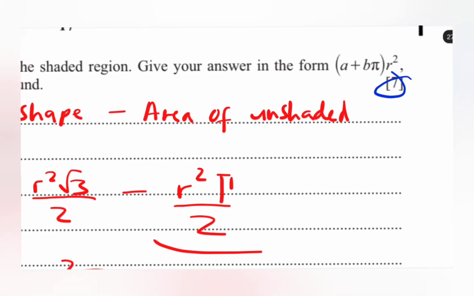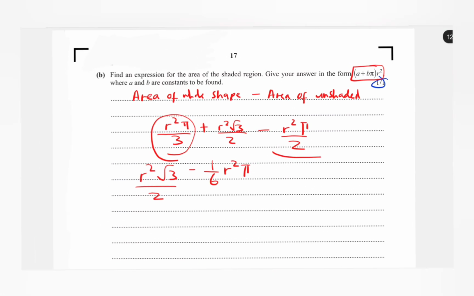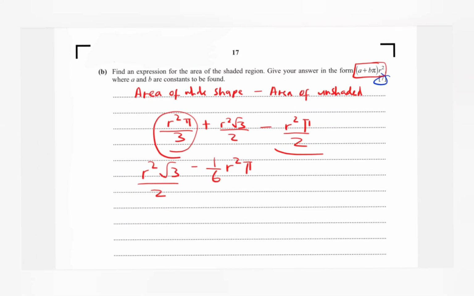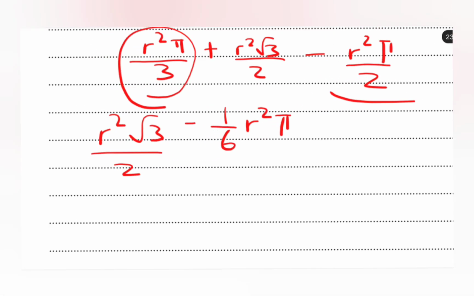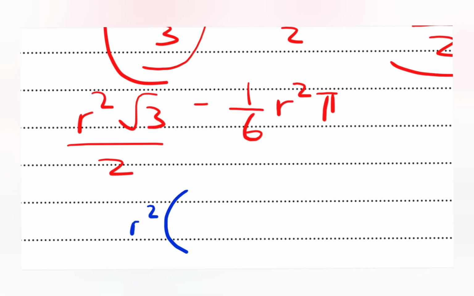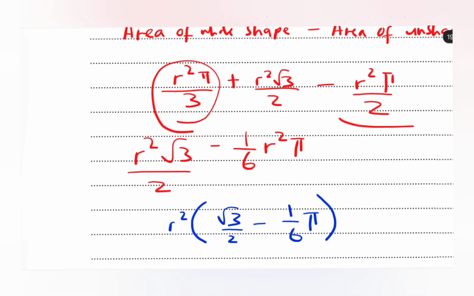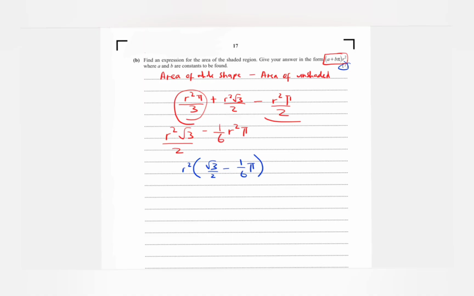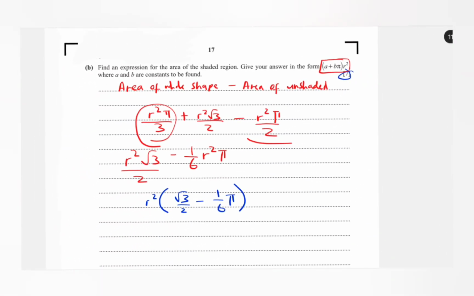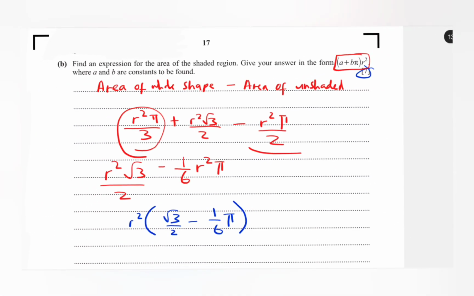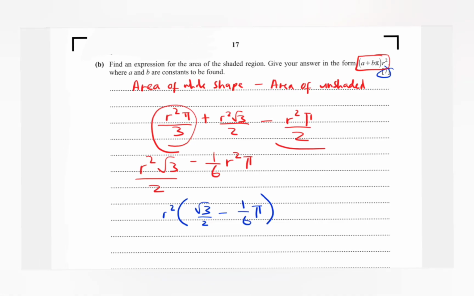Now we're factoring out r squared, so we get r squared, then root 3 over 2 minus 1 over 6 pi. So our a will be root 3 over 2, and our b will be minus 1 over 6, and this will be our answer in that form for 7 marks.